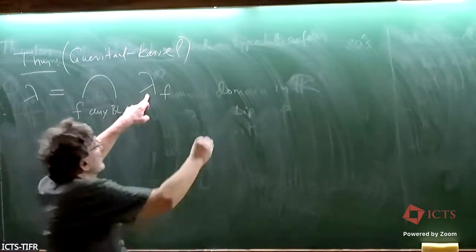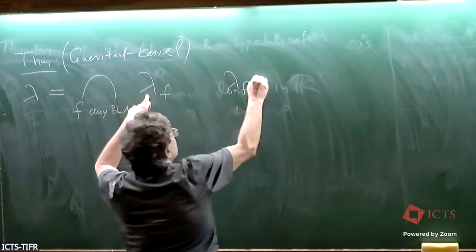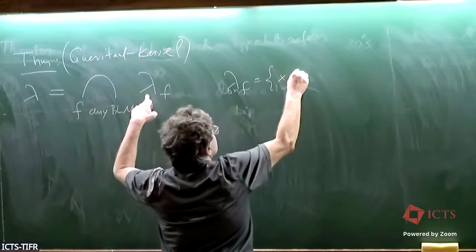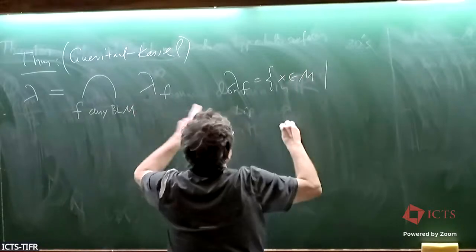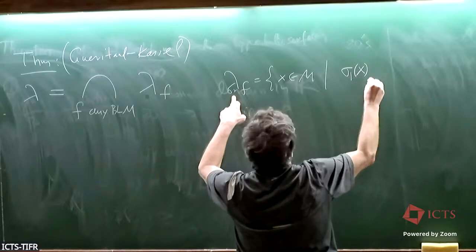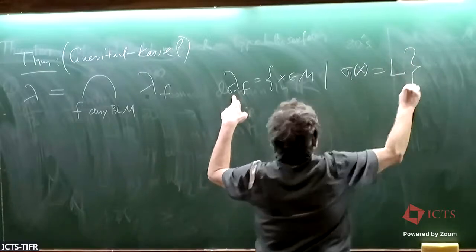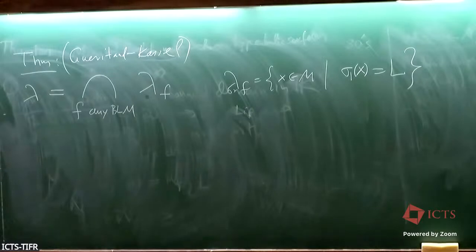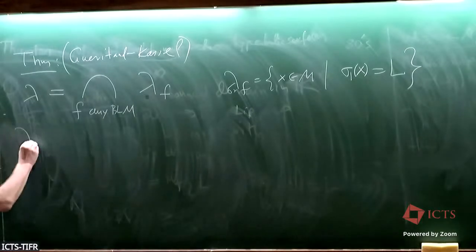And lambda of f, analogously, we define as the set of x in M such that the Lipschitz constant, which is sigma 1 of x, is L. Okay? So the theorem is that this lambda is a geodesic lamination.